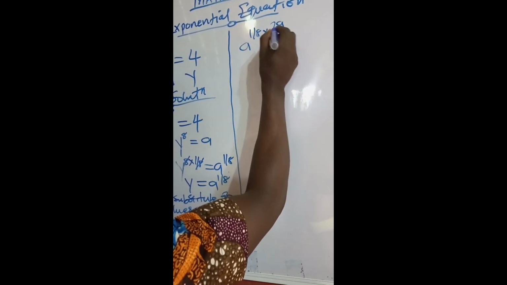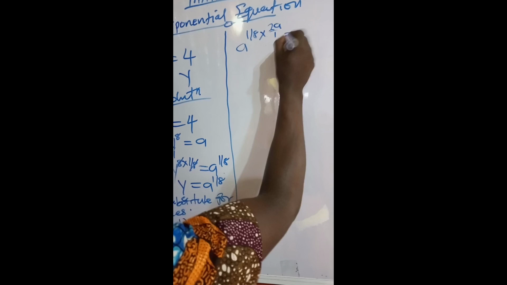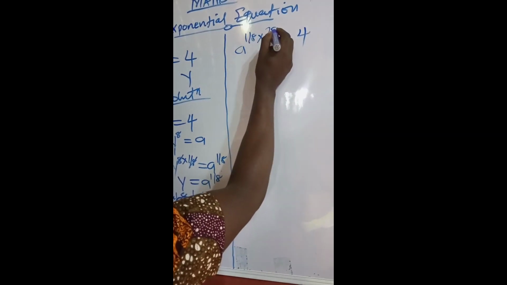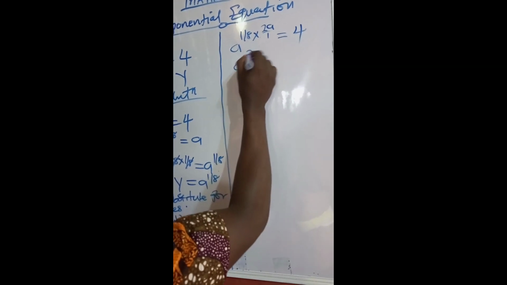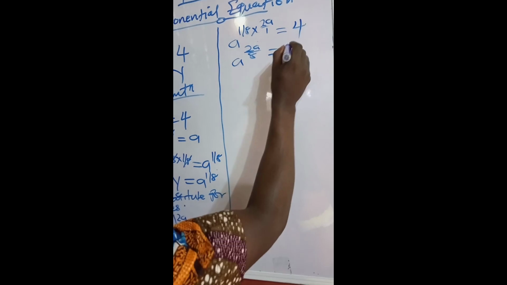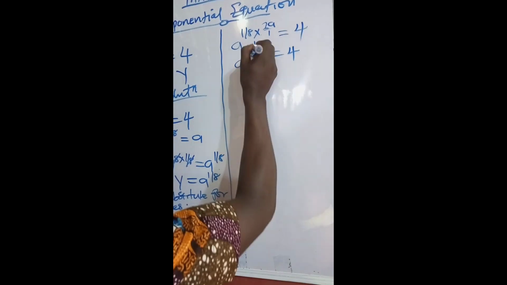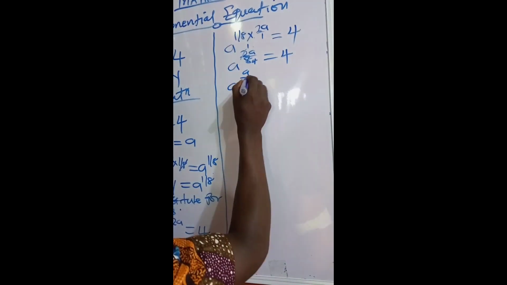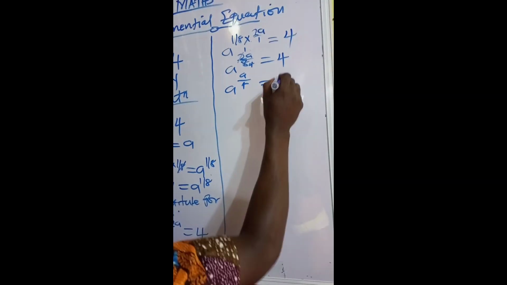Now this is a fraction, so let me put over 1 to the bottom of this, and that's equal to 4. Now 1 will multiply 2A to give 2A, and 8 times 1 gives 8, and that's equal to 4. Two here, 1, two here, 4. Then you are going to have A raised to power A over 4 is equal to 4.